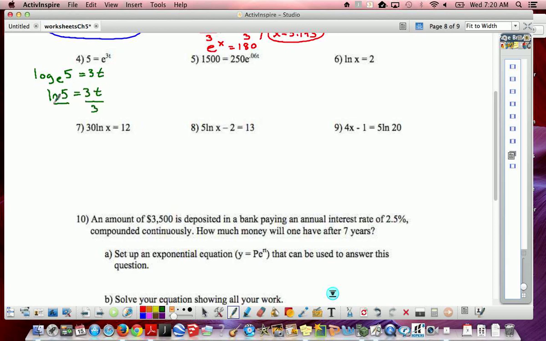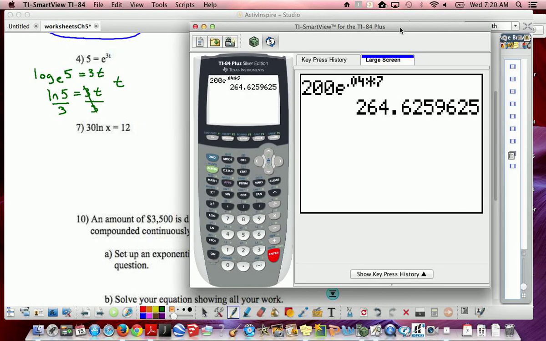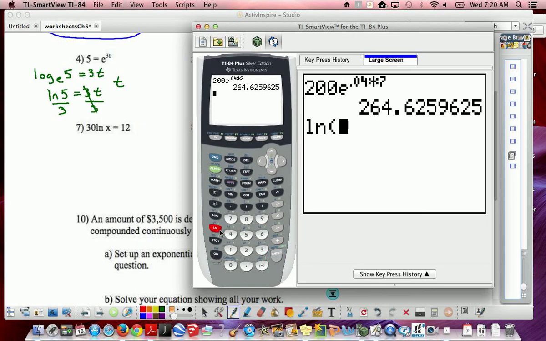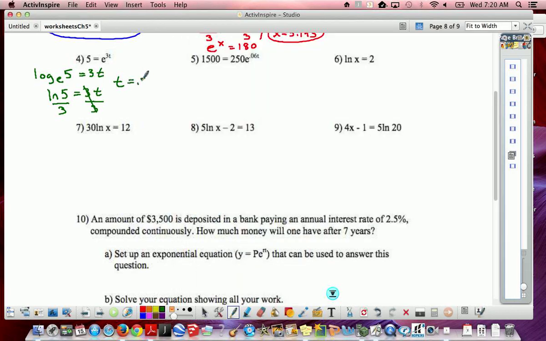So to get t by itself, I divide both sides by 3. So I'm just taking natural log of 5 and dividing it by 3. So calculator, natural log of 5 divided by 3. Make sure you close that parentheses on that 5. So we get t to be 0.536.